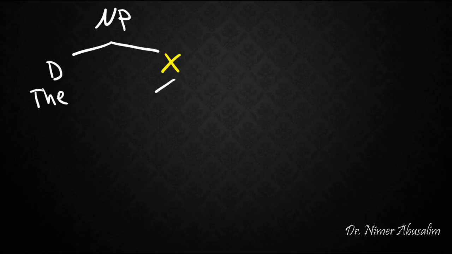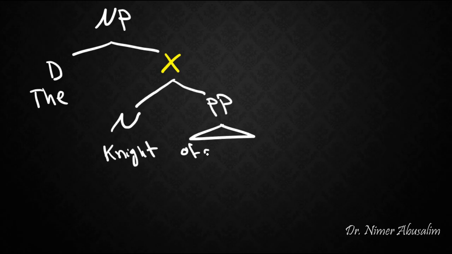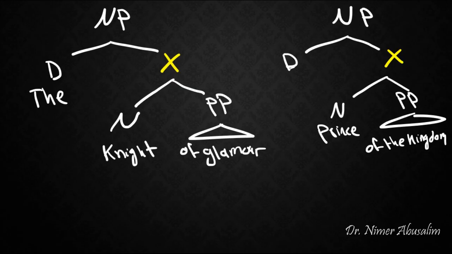And then this X would give rise to our noun, which was Knight, and the PP of Glamour. The next NP would look the same. Now it looks very easy to understand how we can coordinate these two together. As you can see now, we could say that the Knight of Glamour and Prince of the Kingdom.